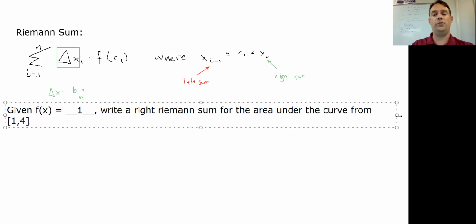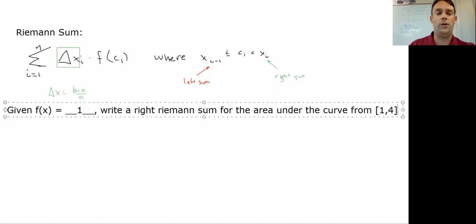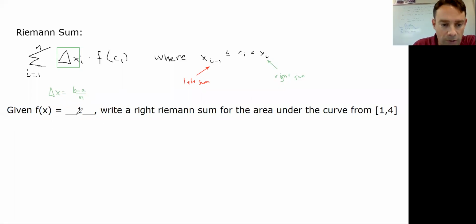So let's give ourselves an area under the curve here. Well, first of all, let's finish giving ourselves an equation. I guess I should probably fill that in right there. And we're just going to make this 1 over root x. So the left sum, using this idea, we can use any c sub I between these two. We're going to use a right Riemann sum, so we're going to use x sub I here.